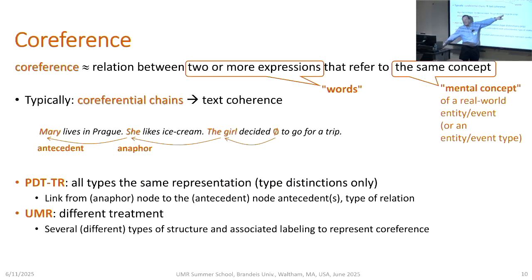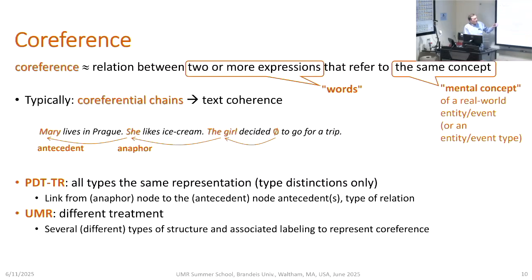Sometimes there is zero because this is a control construction. So there are various means of doing that. And then if you include nodes for the zero, for the ellipsis, then you actually can have complete co-reference chains, and all these things actually describe the same individual or same type.